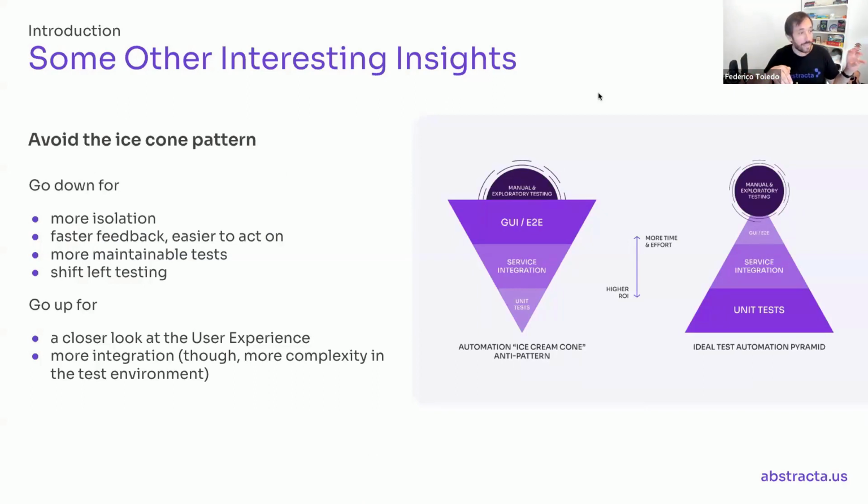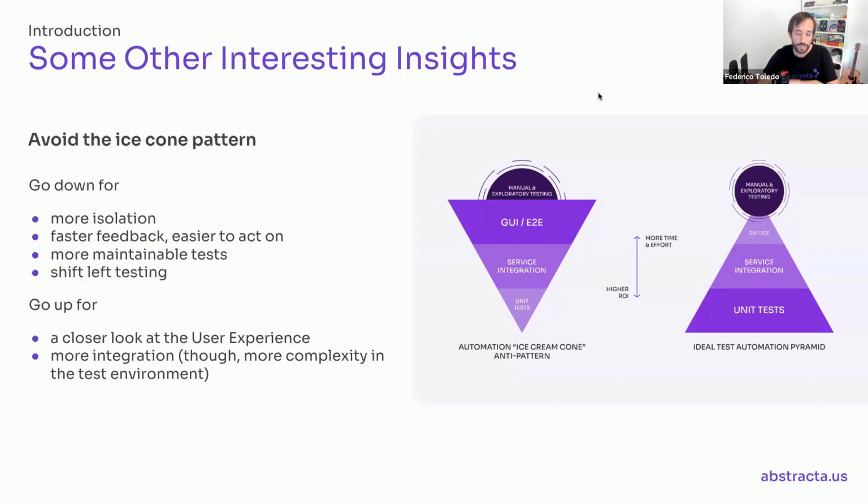Because most of the people, when they do test automation, they pay more attention to the UI level using Selenium, Playwright, Cypress, a tool like that, in order to automate the test cases similar to a user executing a test case. And this is actually an anti-pattern. This is not the best way to put your efforts in test automation.